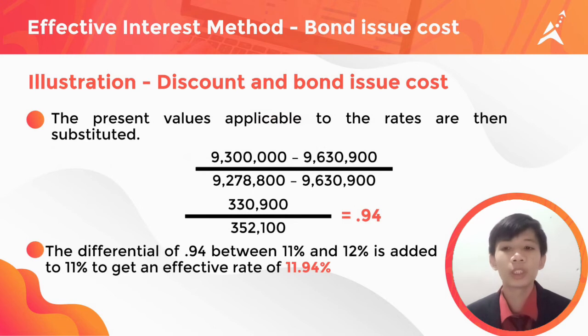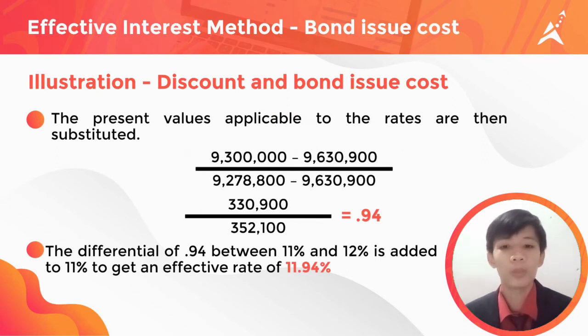By substitution, the new equation would be 9,300,000 minus 9,630,900 all over 9,278,800 minus 9,630,900.